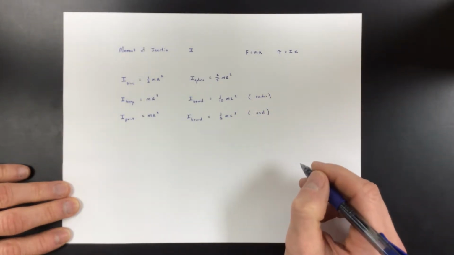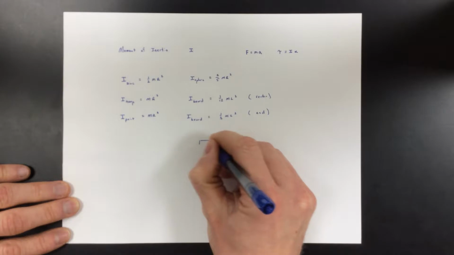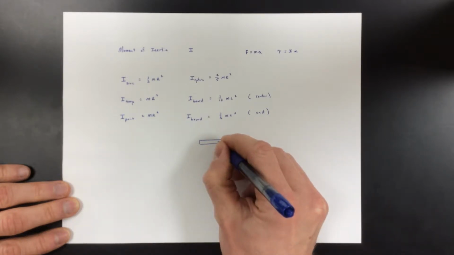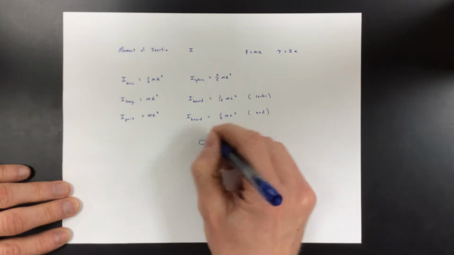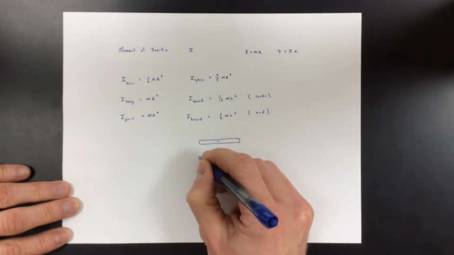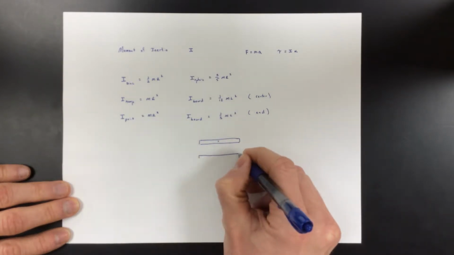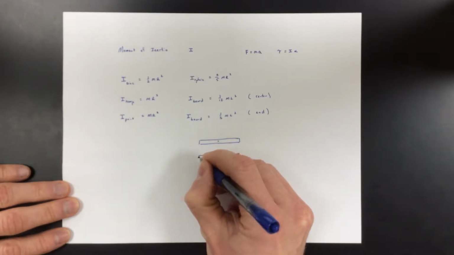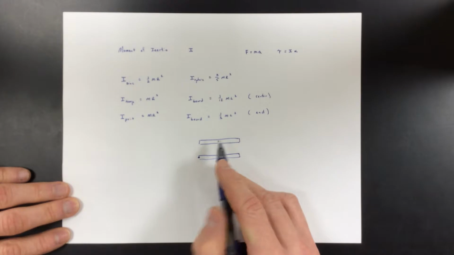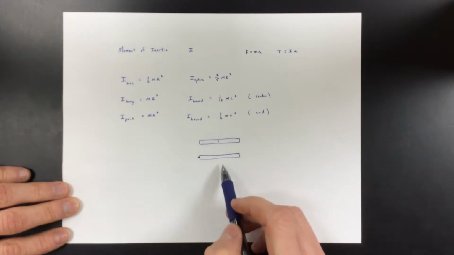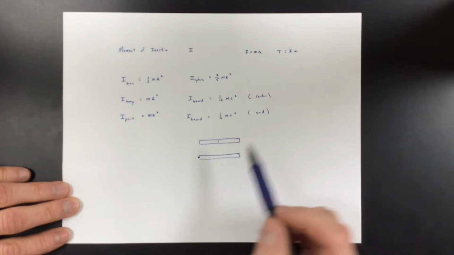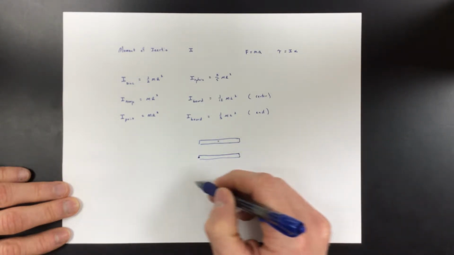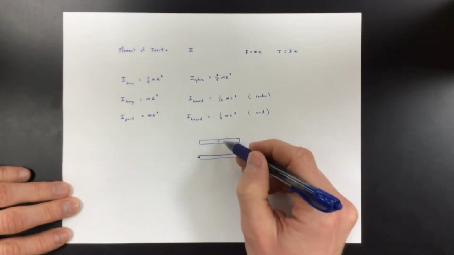And you can imagine if I take a board and I pivot it in the center and I try to rotate this thing, it's going to be much easier to rotate when the pivot's at the center than if I put it here. Again, it's the same board with the same mass and the same length. And this formula would suggest that this version is 4 times more difficult to rotate than this one is.